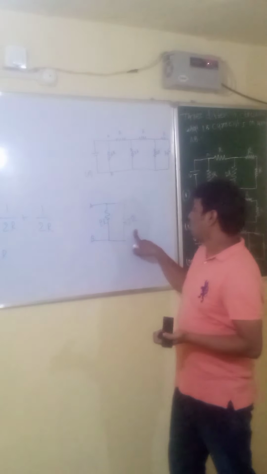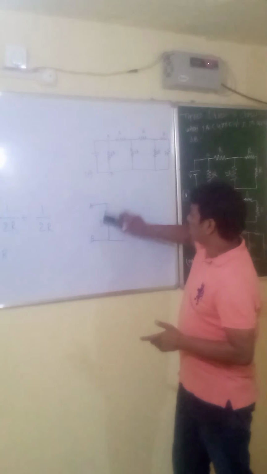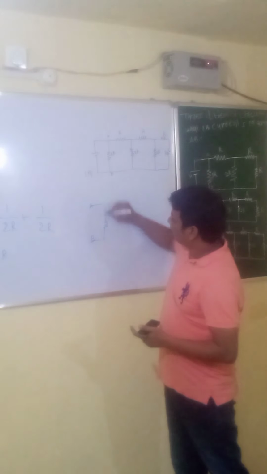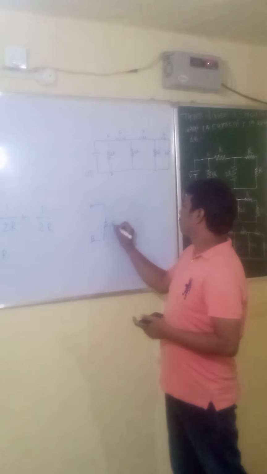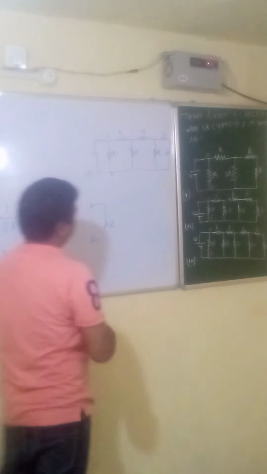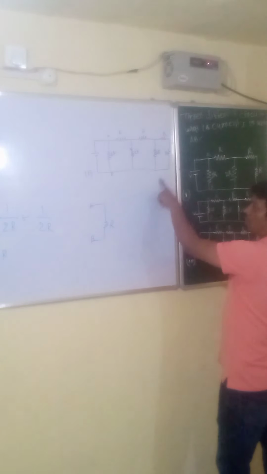Then these two resistances are in parallel, so if we replace them, we get the resistance R. Then for circuit 2, R equivalent is also R. For the circuit first, we get the equivalent resistance R. For circuit 2, we get the equivalent resistance R.